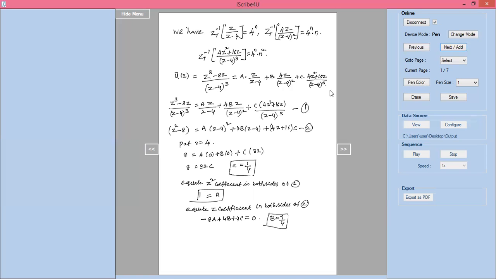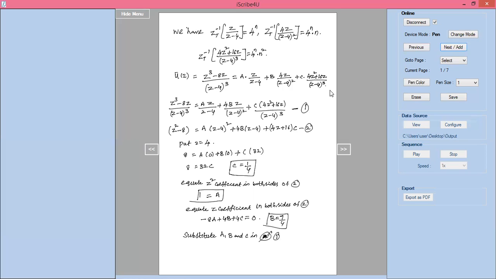Now I can substitute this a, b, c in equation number 1.